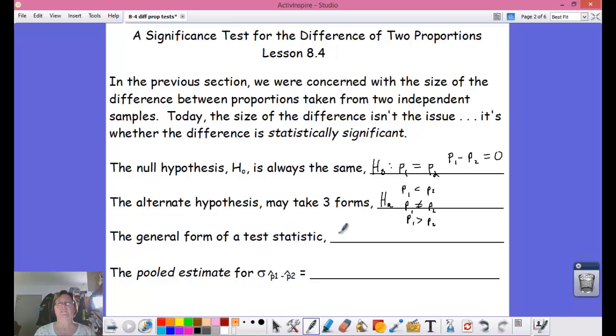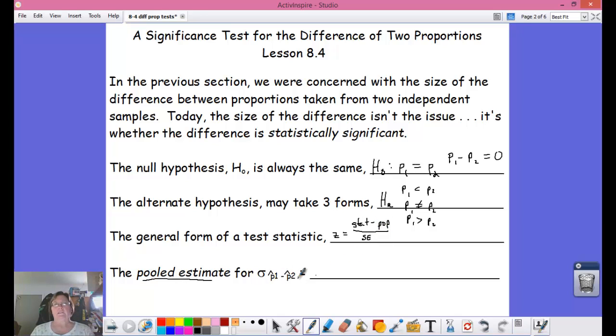The general form of a test statistic is always the same thing, folks. It is a z-score, and that is the sample stat minus the population parameter divided by the standard error of the sample stat. Now we have to fit our variables with p-hats in here, and that's what we have to think about next.